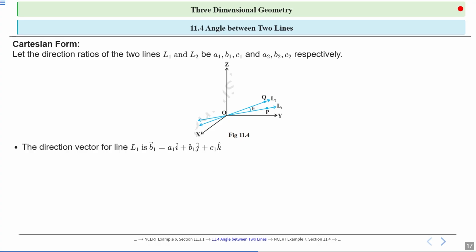Now let's write the direction vector for line L1. It is vector b1 equals a1 i cap plus b1 j cap plus c1 k cap, where i cap, j cap and k cap are unit vectors along the X, Y and Z axis. Similarly, the direction vector for line L2 is vector b2 equals a2 i cap plus b2 j cap plus c2 k cap, where again i cap, j cap and k cap are unit vectors along the X, Y and Z axis.